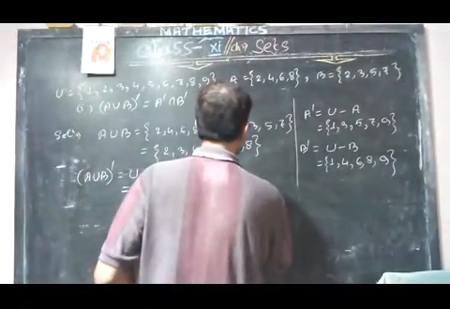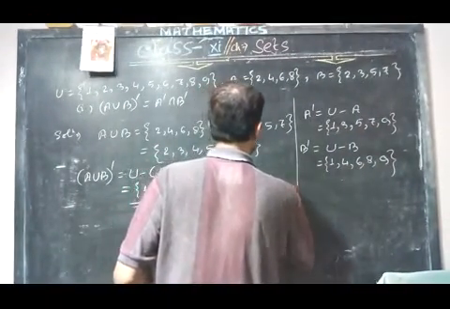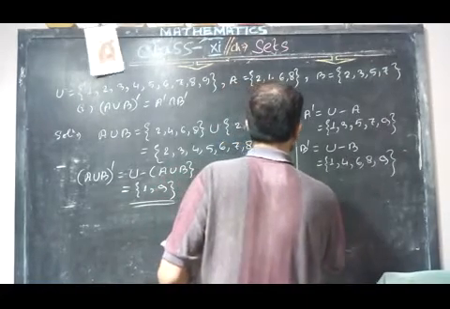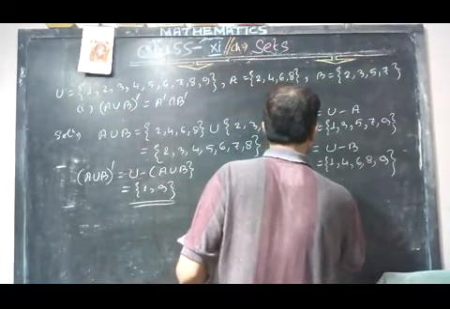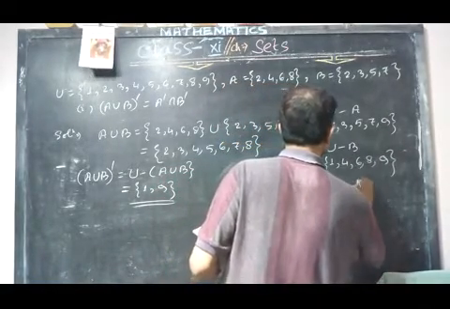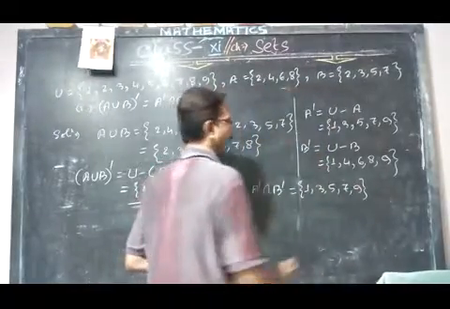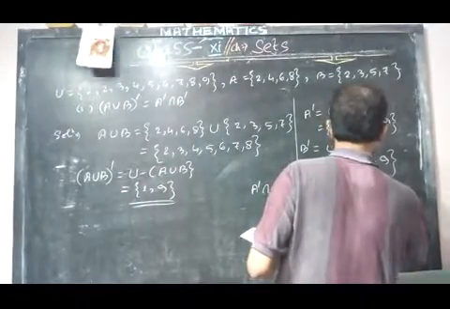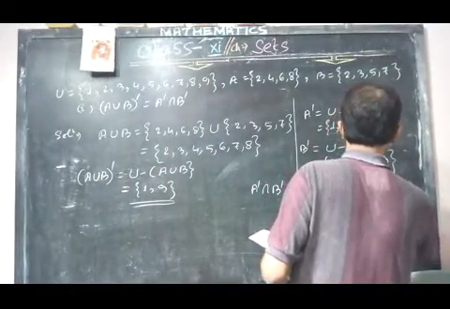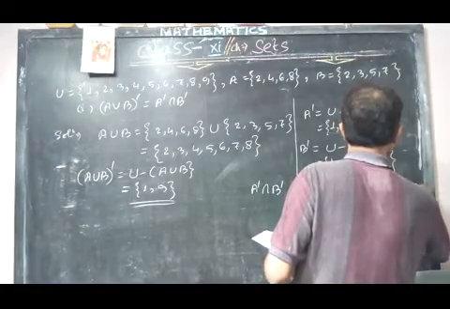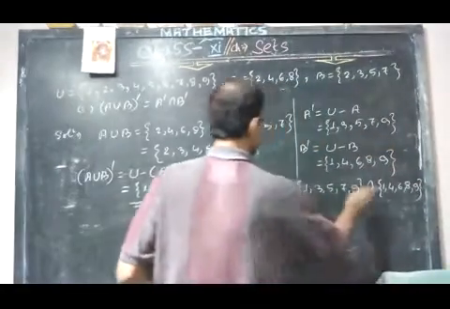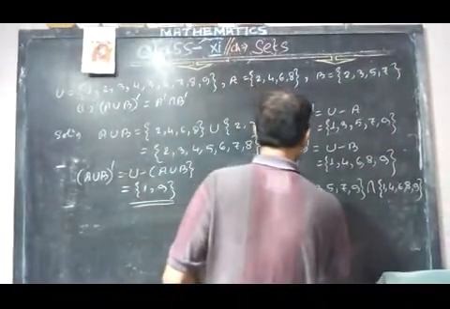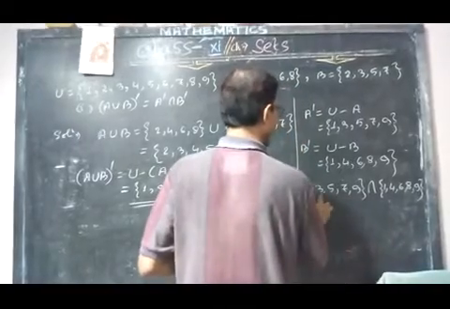Now A complement intersection B complement equals A complement 1, 3, 5, 7, 9 intersection B complement 1, 4, 6, 8, 9.